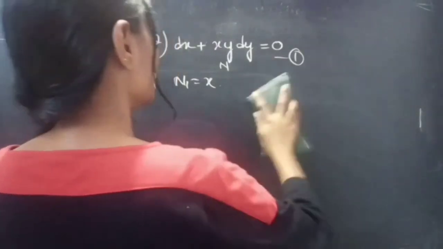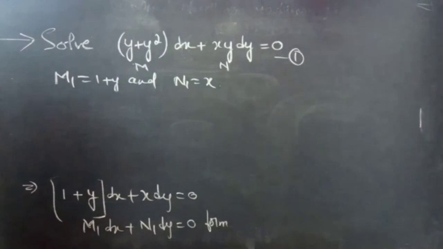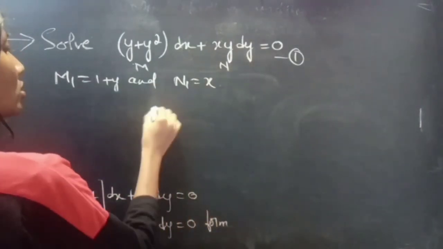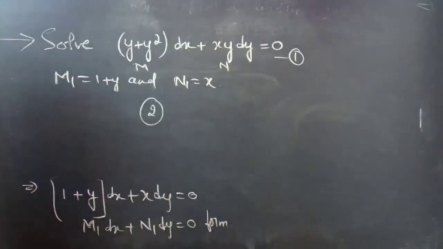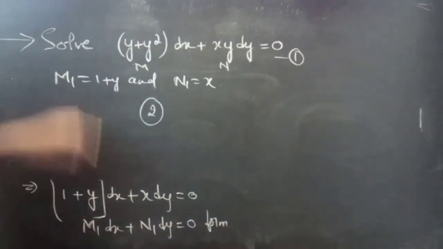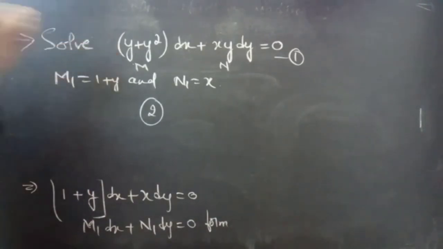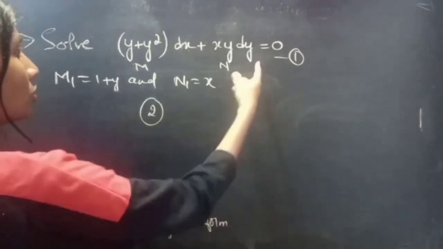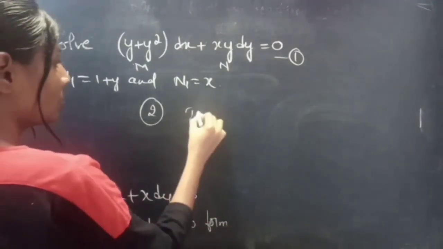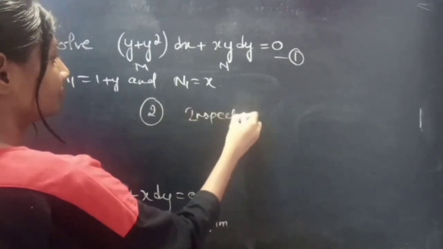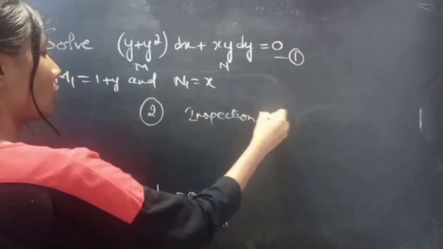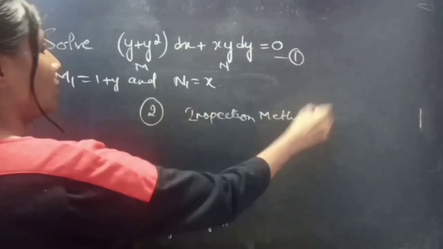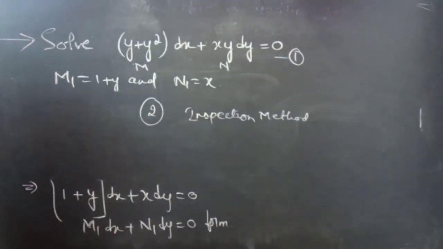Now we need to find the general solution to the given equation, right? So the general solution of equation 2 is the general solution of equation 1. So we can find the general solution using the inspection method or the exact equation method.